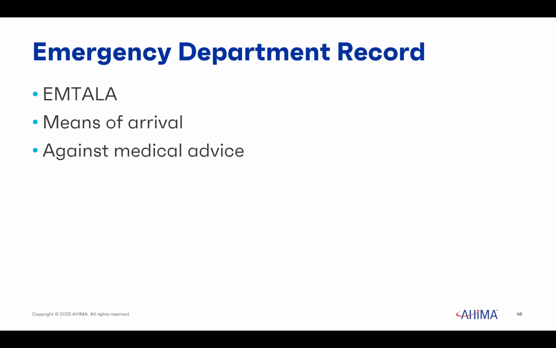That covers hospitals not doing what they call patient dumping because they don't want to take care of somebody without insurance, right? Those types of requirements need to be documented.